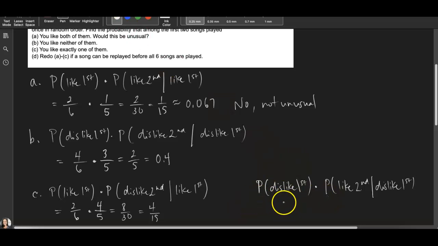So that one would be the following. So that we disliked the first. There were 4 songs we disliked out of 6. Remember, you've picked one, so now you have 5 songs left, of which you like 2 of them that are left. Notice that we have the same thing here.